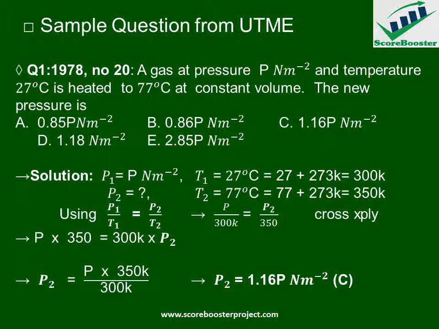Then we can make P2 the subject by dividing through by 300. Therefore, our P2 will be equal to P times 350 Kelvin over 300 Kelvin, and that will give us P2 equals 1.16 P Newton per meter square, making option C the correct answer for this particular question.